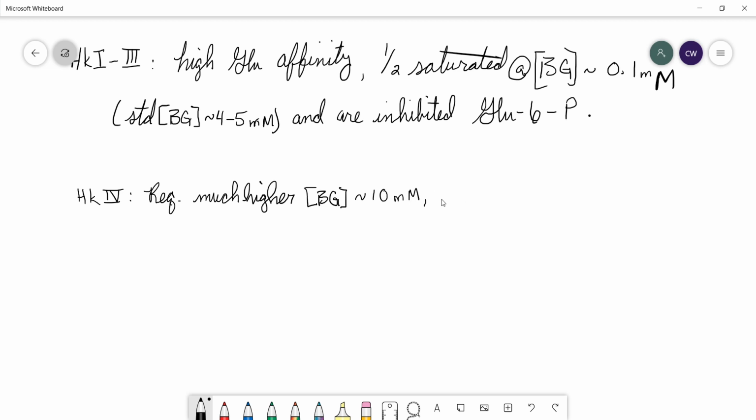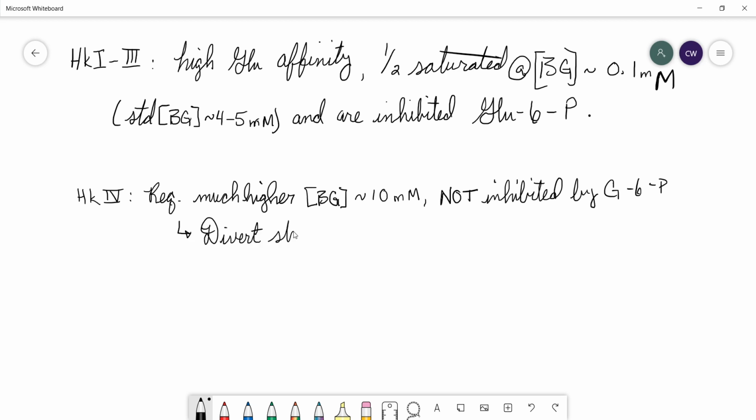And it's not inhibited by glucose 6-phosphate. The primary function of hexokinase 4 is to divert glucose storage into glycogen.